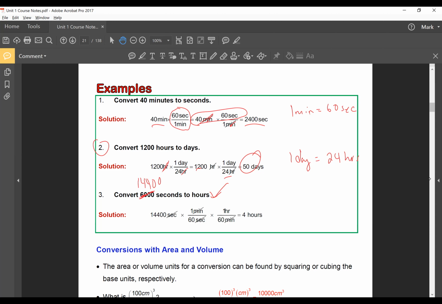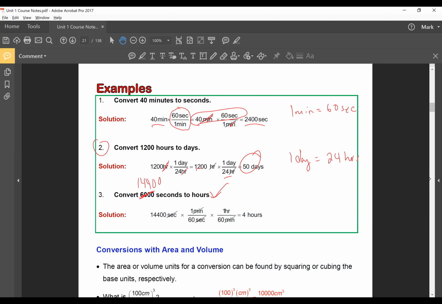14,400 seconds into hours. The issue with this is there's no direct way. If you look at the page above, there's no direct number or method to do this conversion. I need to do this in 2 steps. So what I want to do is change the seconds to minutes, then change the minutes to hours, because I know that there's 60 seconds in a minute, and there's 60 minutes in an hour.